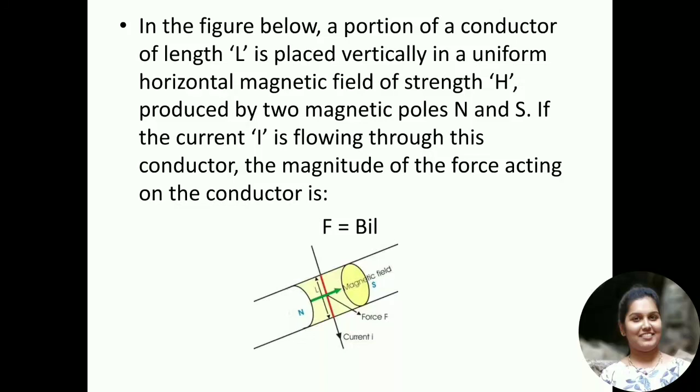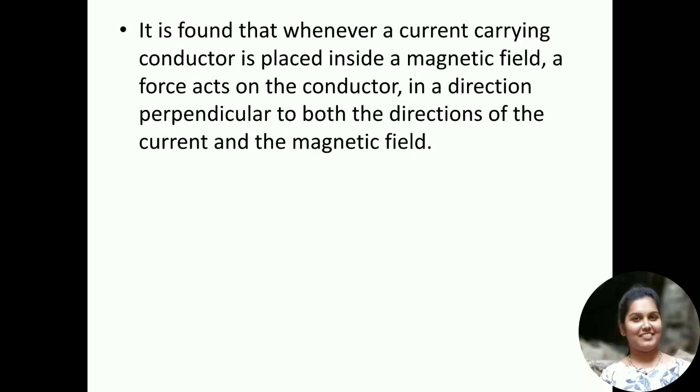If the current I is flowing through this conductor, the magnitude of the force acting on the conductor can be given as F = BIL, where B is the magnetic flux density, I is the current that is flowing, and L is the length of the conductor. So the force acting on the conductor can be given as F = BIL.